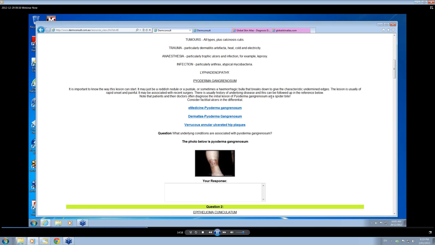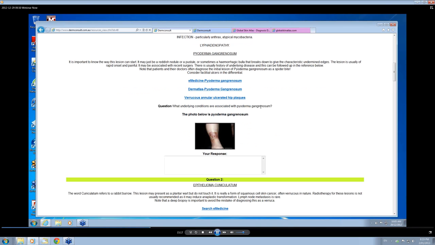My apologies. So, pyoderma gangrenosum. Yeah, that little comment there. Note the patients and their doctors often diagnose this initially as a spider bite, because it's painful, with sudden onset. I've said consider factitial ulcers in the differential. Usually your patient's got a strange affect, they're funny patients if you're really going to have to consider that.